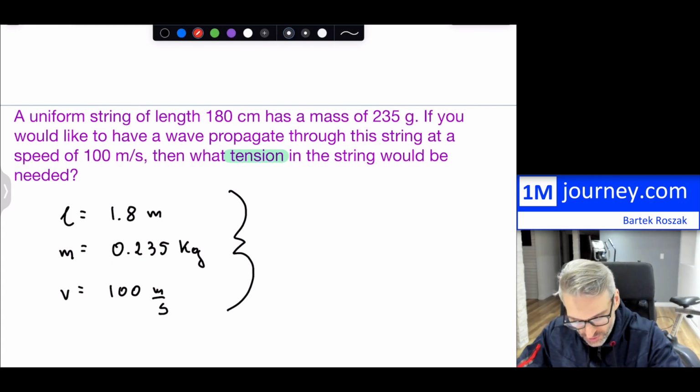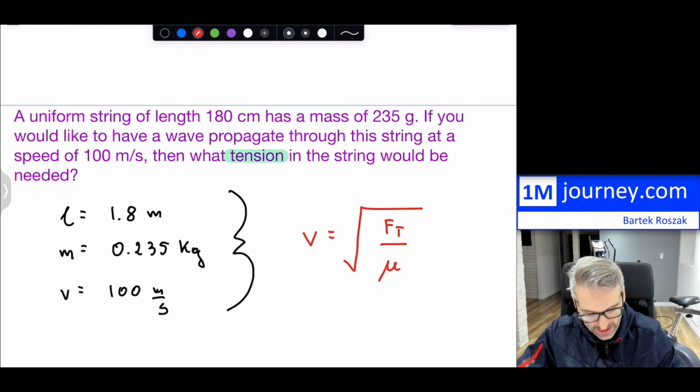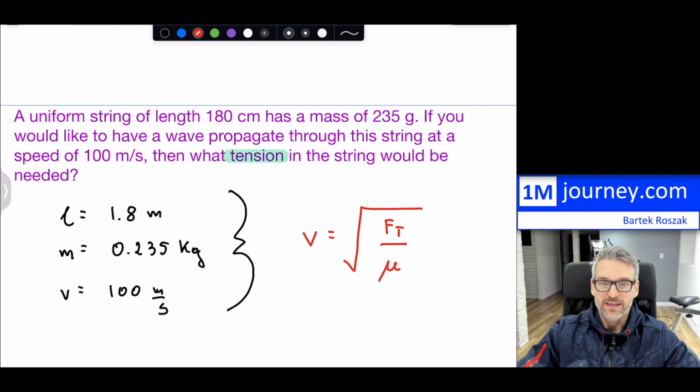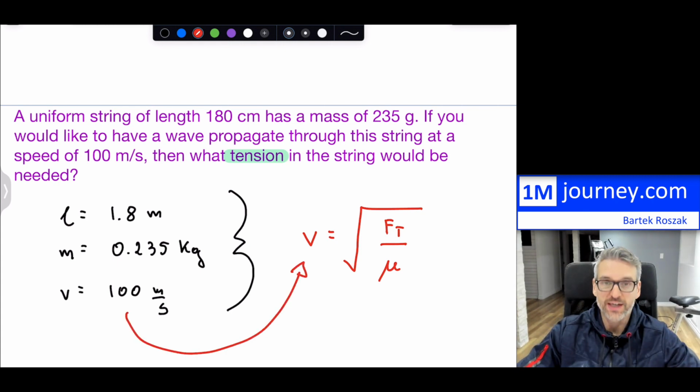If I go back to the actual equation, it says that V is equal to the square root of the force of tension divided by your linear density. Now, I know V; they're telling me this is 100.